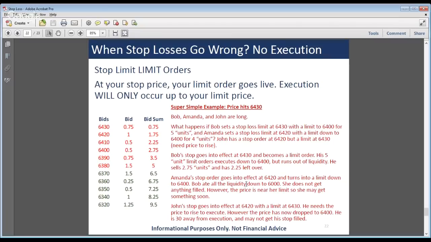But due to the other stop losses and the other market activity, the price has dropped to 6,400. Now, instead of thinking he's $10 away from execution, he's actually $30 away. His limit order just might not get filled, especially if the price continues to go down. So you might not get any execution.